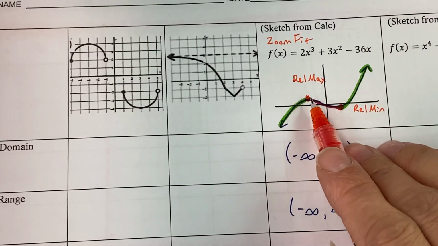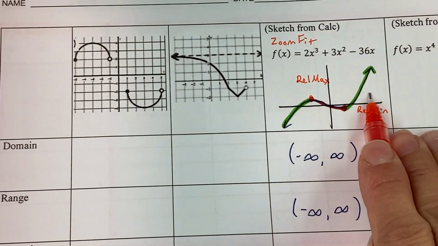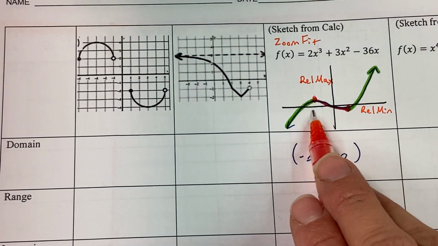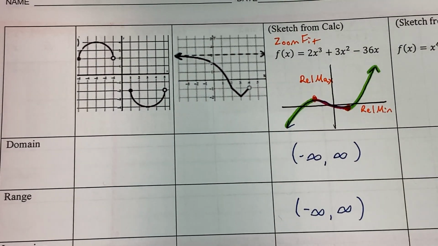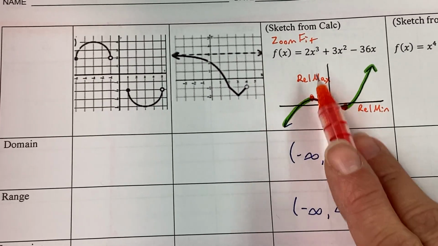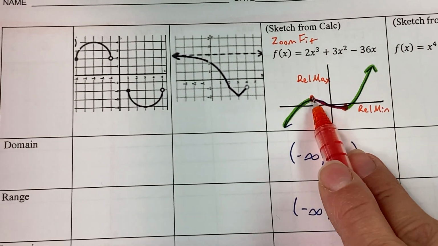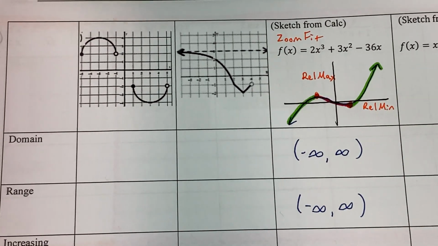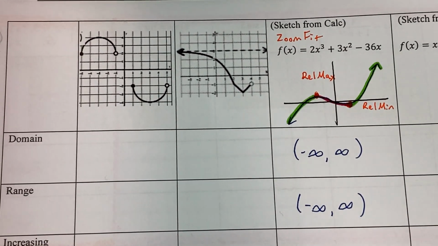Now, relative, because it's not the absolute highest point, because we continue to go up, up, up. And same with this one, not the absolute lowest point, because this part of my graph continues to go down, down, down. So I'm going to need to find these coordinates first before I can decide on the intervals and where my function is switching from increasing to decreasing.